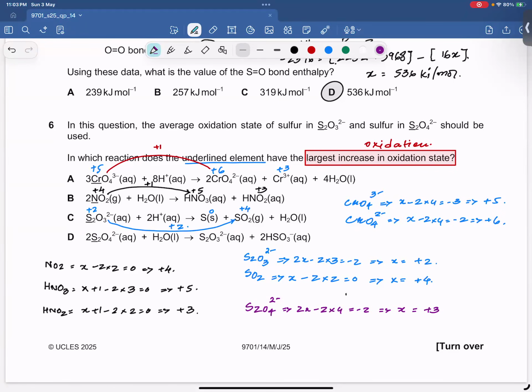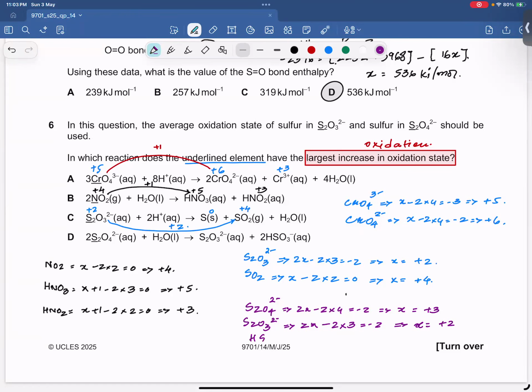Then S2O3 2-, 2X -6 equals -2. Oh, -6 was right, but let me show you the steps. 2X minus 2 into 3 equals -2, and the oxidation state of sulfur in this is going to be +2.